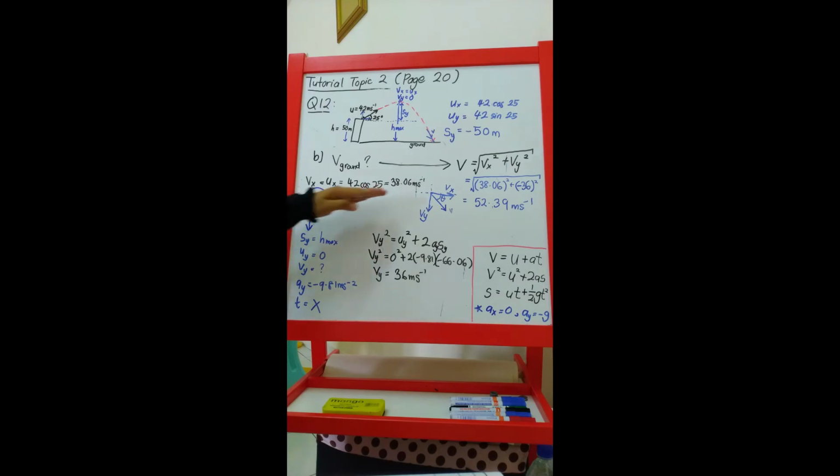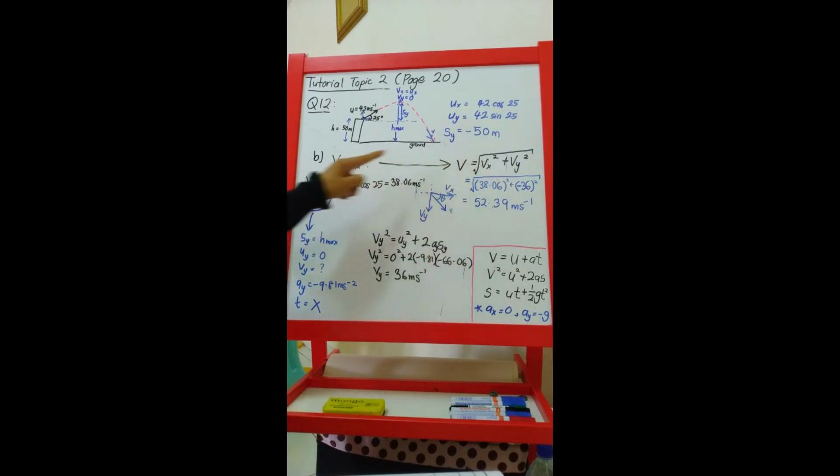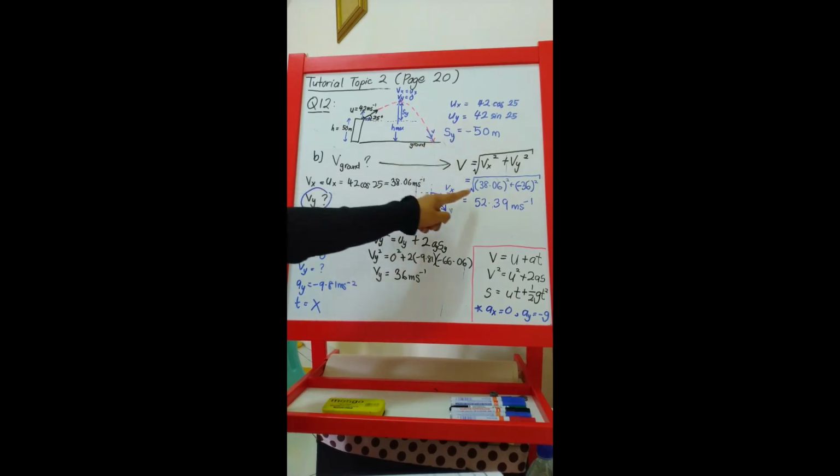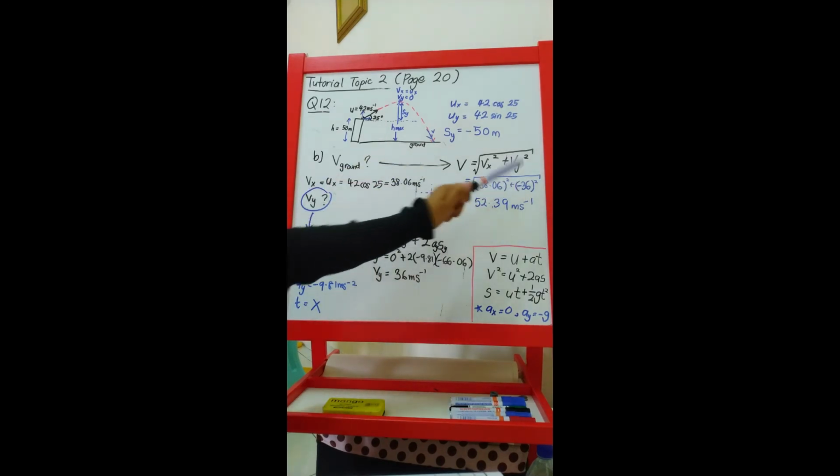So you have vx, you have vy. Just plug in all the values in the equation here to get v, which is the velocity just before it hits the ground. Substitute. Why did I put negative here? If you look at the sketch here, vx is to the right, therefore it's positive. vy is downward, so you need to put a negative sign indicating that it is in the downward direction.